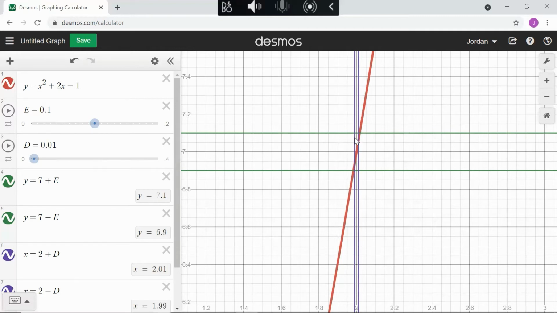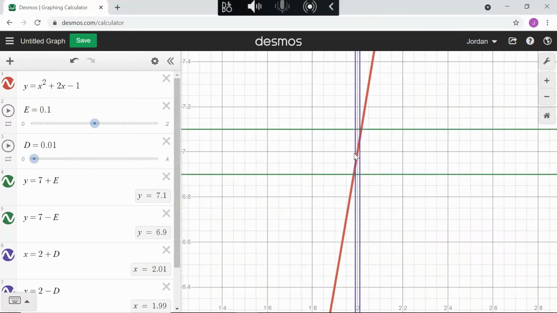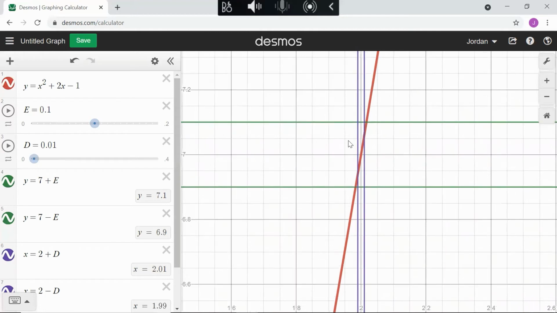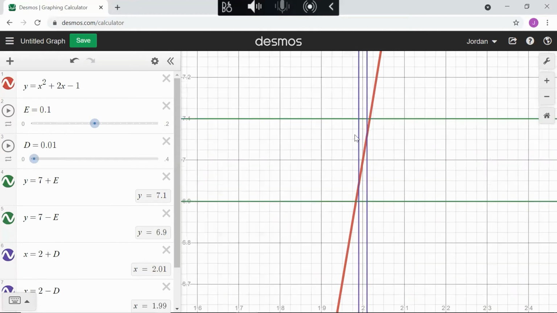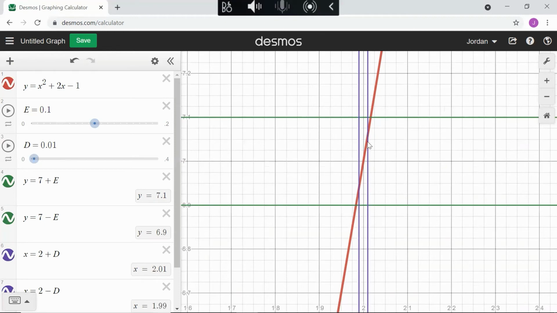Let's zoom in a little bit more. You can see all of the outputs within my purple are also within my green.